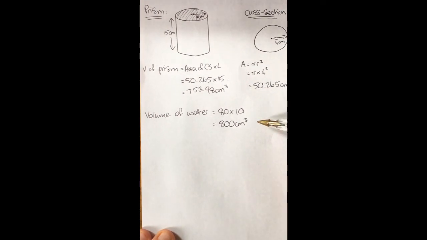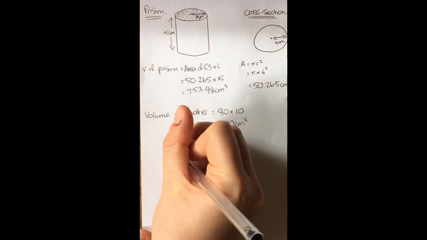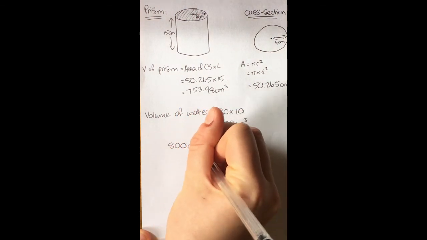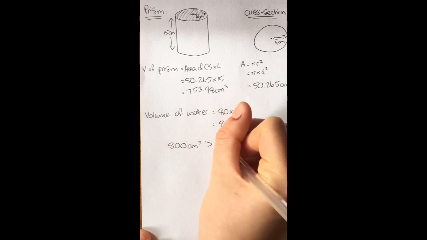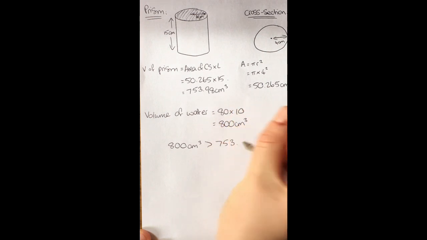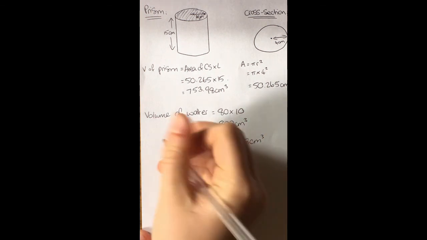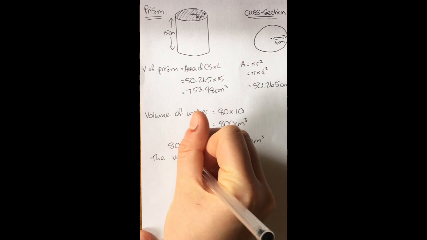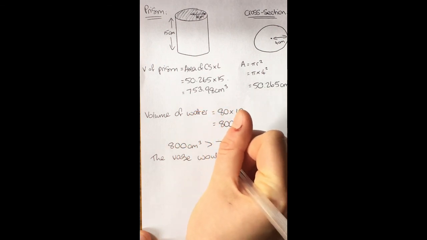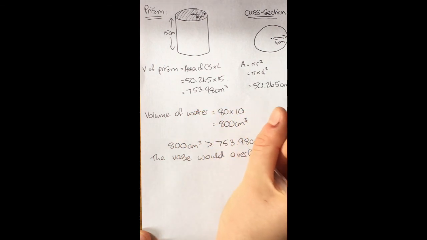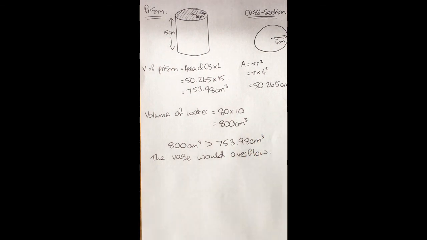Okay, so if we poured 800 centimetres cubed of water into our cylinder, the volume of our cylinder is only 753.98. So 800 centimetres cubed is bigger than 753.98 centimetres cubed. Therefore, we can say that the vase would overflow. And that answers your question.